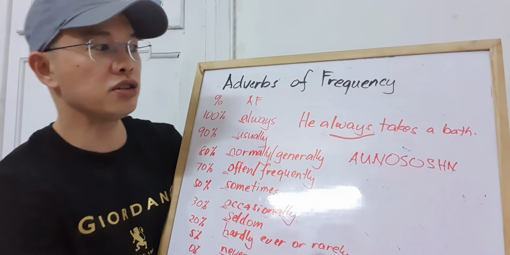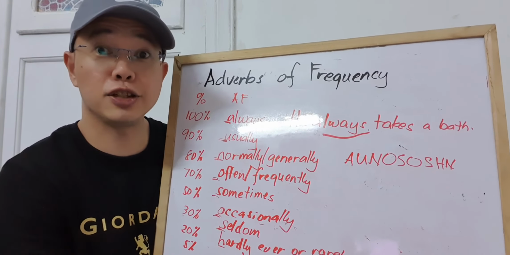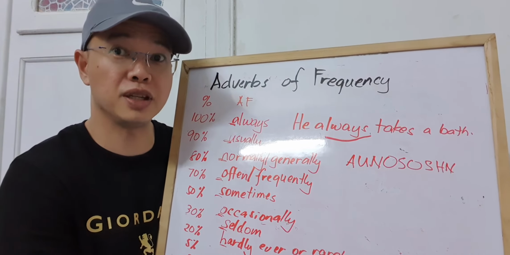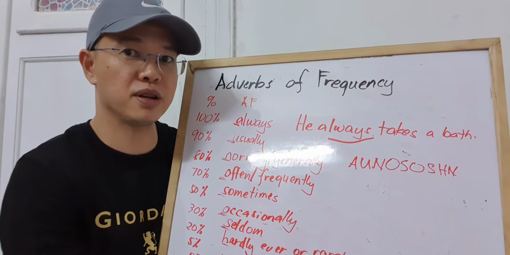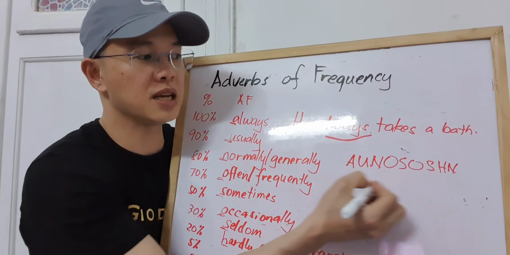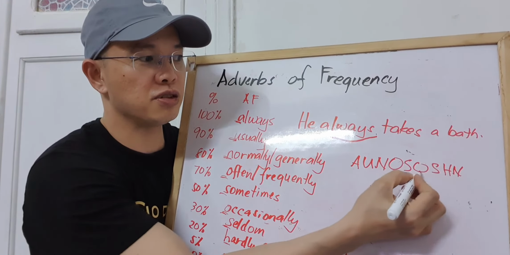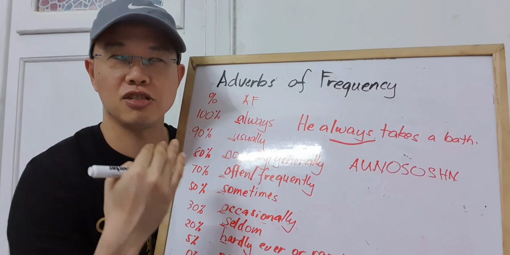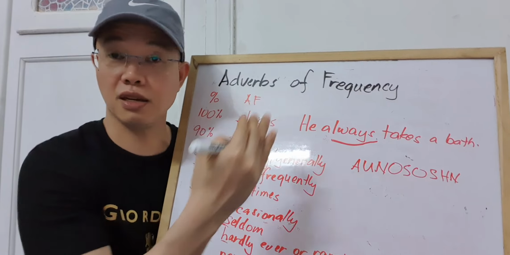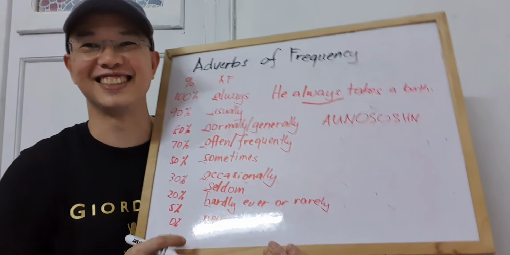Onososhin. So to help you give a cue on accessing your long-term memory, you have these mnemonics. Onososhin. See, I got it.